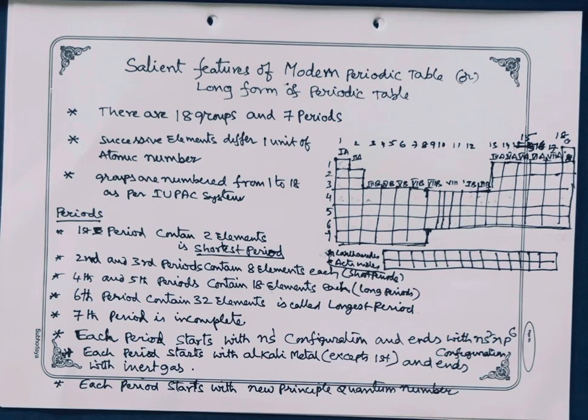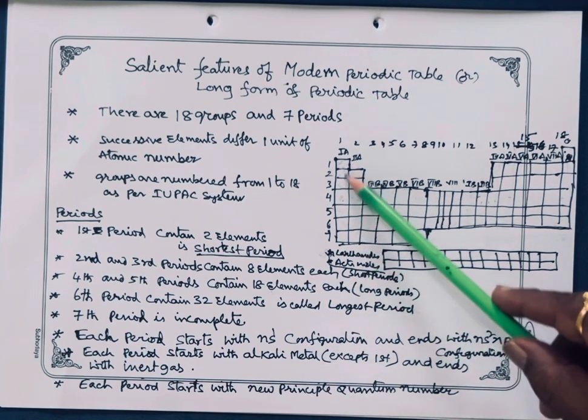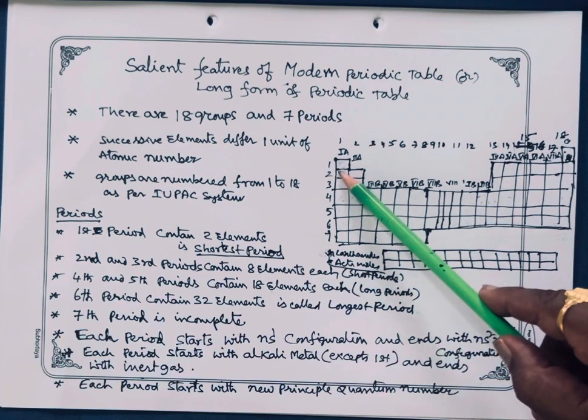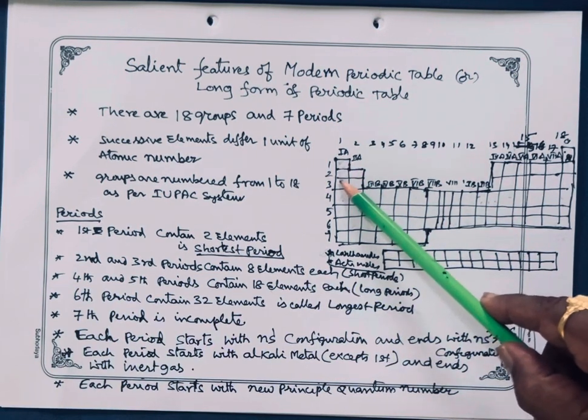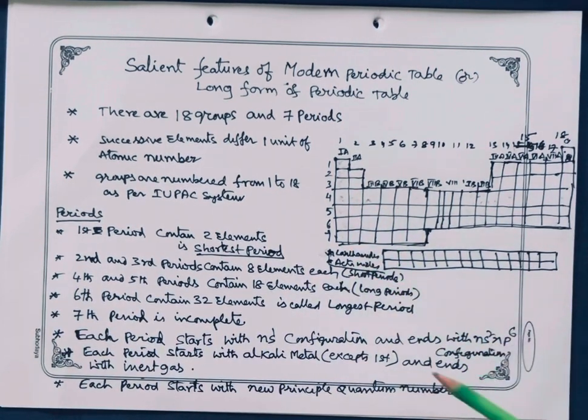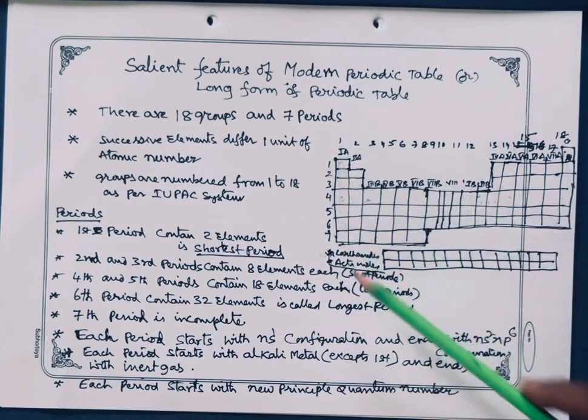So each period starts with an alkali metal. These are alkali metals. The first period starts with hydrogen, except that. Second period, lithium, alkali metal. Third period sodium, then potassium, rubidium, cesium, francium. All are alkali metals. It starts with an alkali metal and ends with the inert gases.